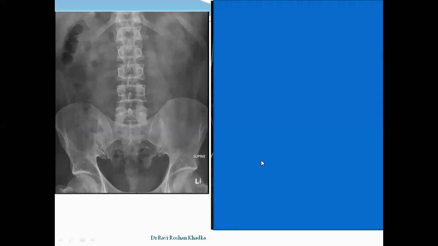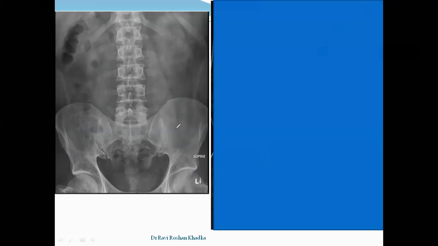This is the very typical classical picture of stone disease in the urinary tract, basically the ureter, because it is radiating downward. And you ordered a plain X-ray KUB, and you found nothing. In this picture, you can just see the normal lumbar vertebrae, the ribs, the pelvic bones, the sacrum, the muscle shadow, but not any radiopaque shadow.